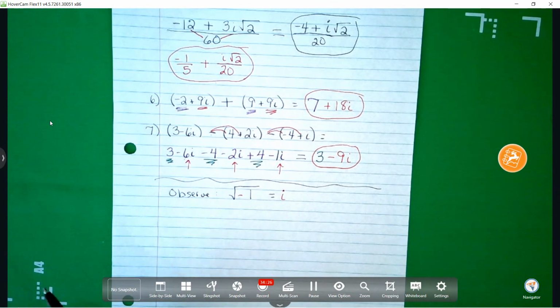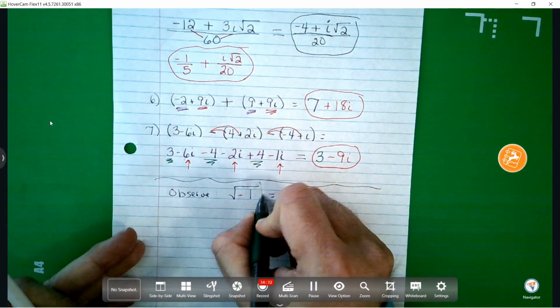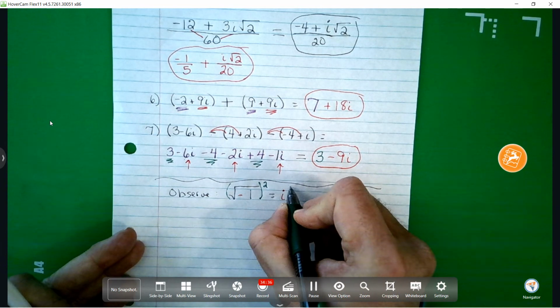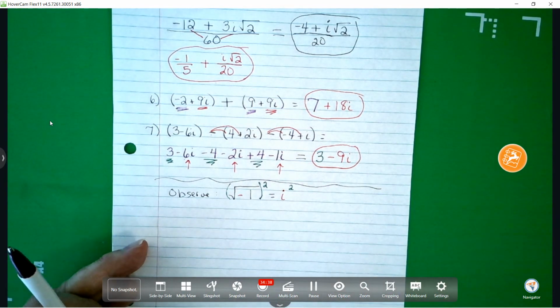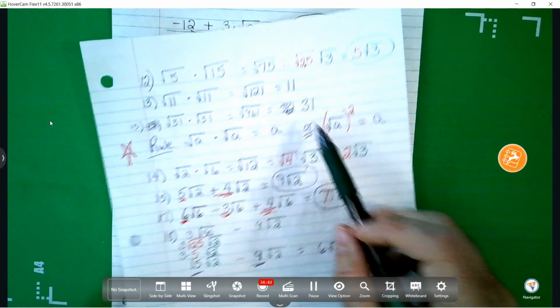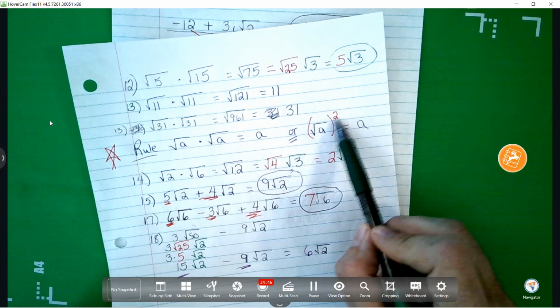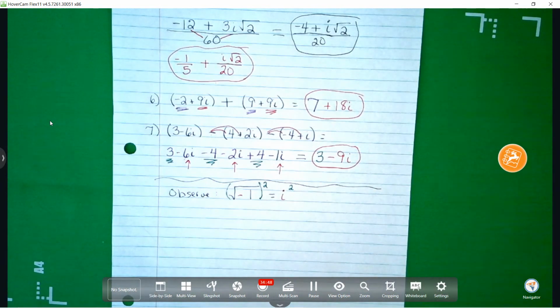Now, let's square both sides of this. Why? Because I'm going to develop a little rule that I'm going to put a star by in a moment. If I squared both sides, I can use that red star rule from the last time, where a square root and a square cancel each other out.